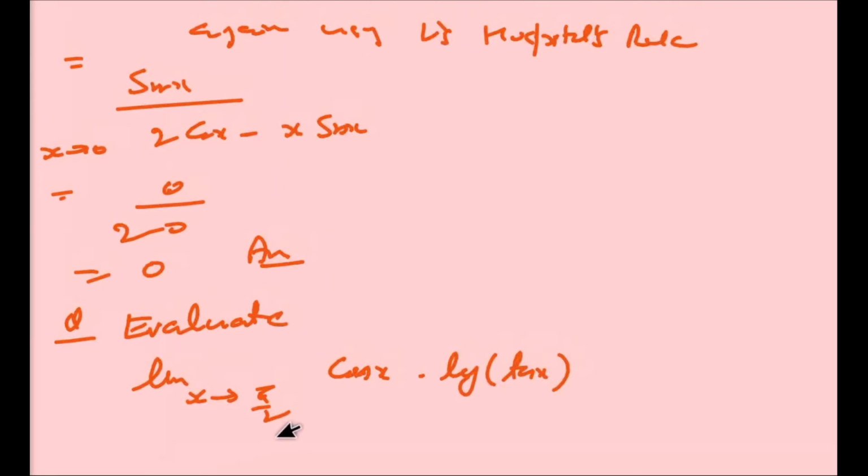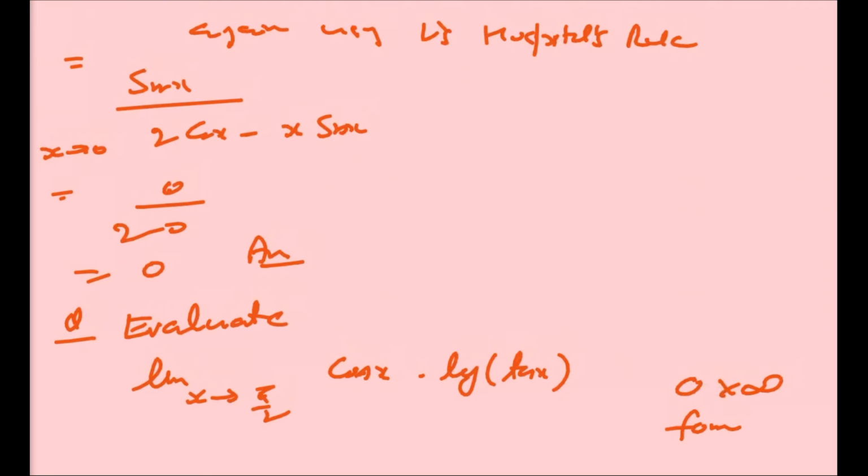Now you can see if you put here pi by 2, cos pi by 2 is 0 and tan pi by 2 is infinite. Okay, so we can say this belongs to 0 into infinite form. So in 0 into infinite form we already know we should change it into infinite upon infinite form or 0 upon 0 form.